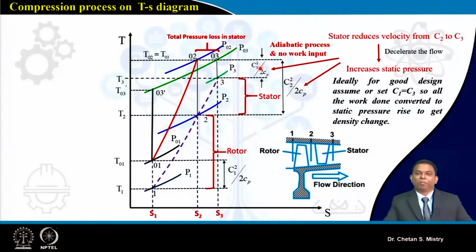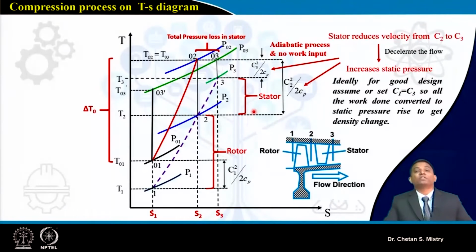We will be discussing this aspect very soon. What we are expecting from our work done is to convert the static pressure rise to get the density change, and that gives me my expected absolute velocities C1 and C3 to be same.